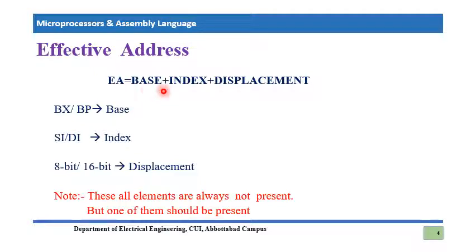Or it may also happen that we know base and displacement and index is not known, so the effective address will be a combination of base plus displacement, and we will ignore the index part. So that means these elements are not always present. That means only a few of these values can be enough to calculate the effective address.